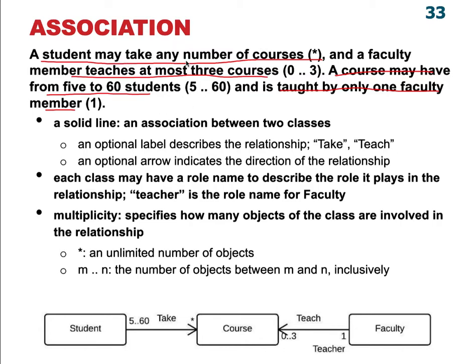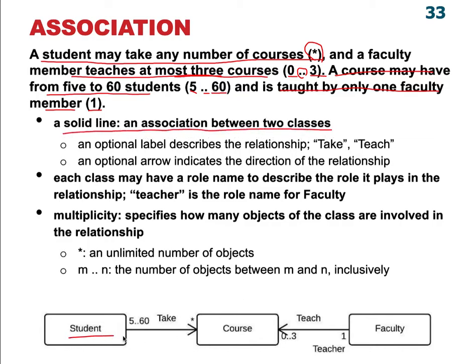Any number of course objects is a star, and at most 3 means 0 dot dot 3, two dots and then the range. From 5 to 60 is 5 dot dot 60, and only one is just 1. The solid line is association between two classes.